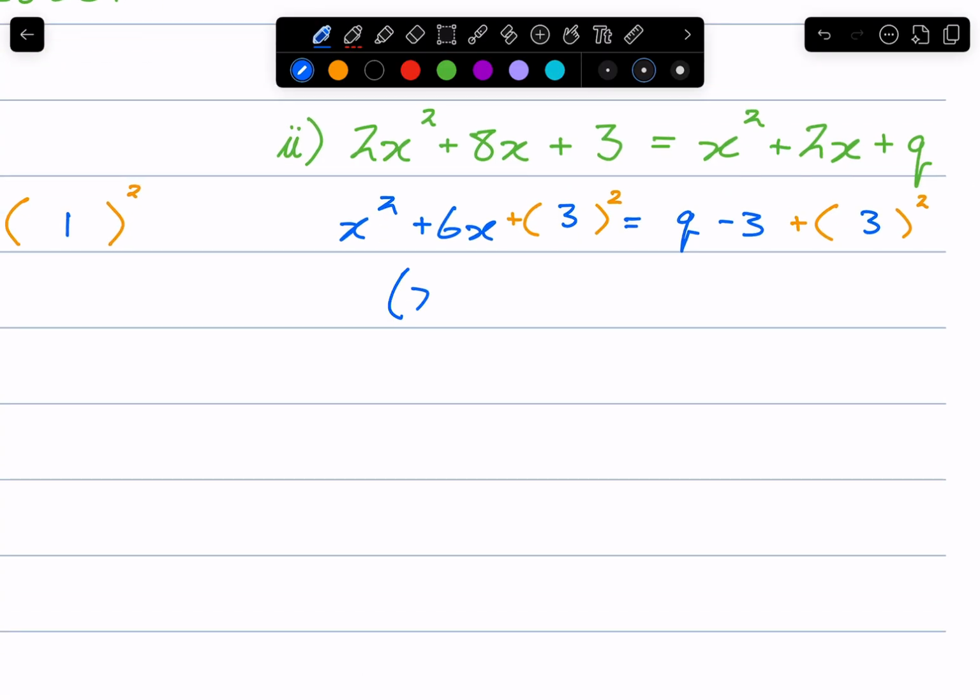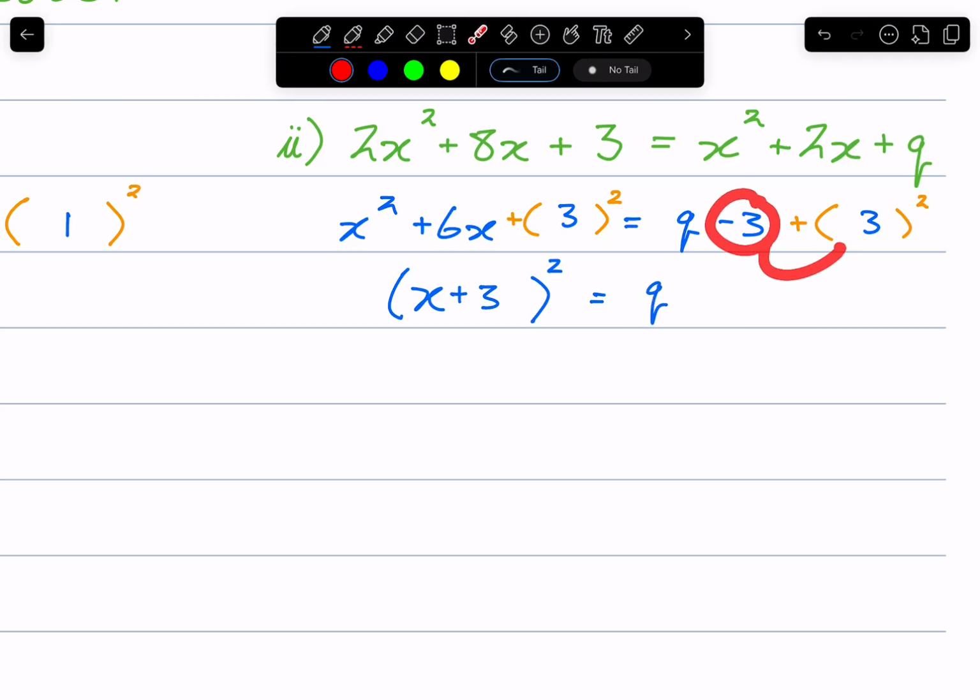The left-hand side will always factor into x something squared. And on the inside is always going to be this number here, so plus 3. The right-hand side is going to be q minus 3 plus 9, which will give us 6, so it's plus 6.